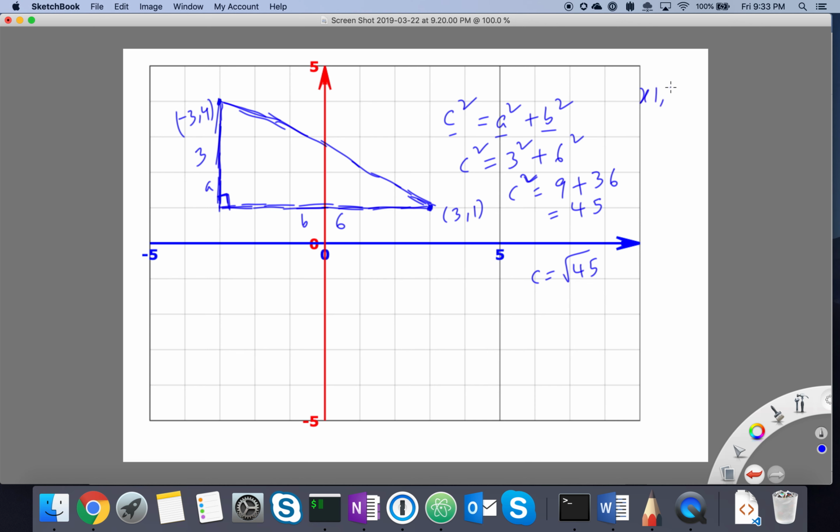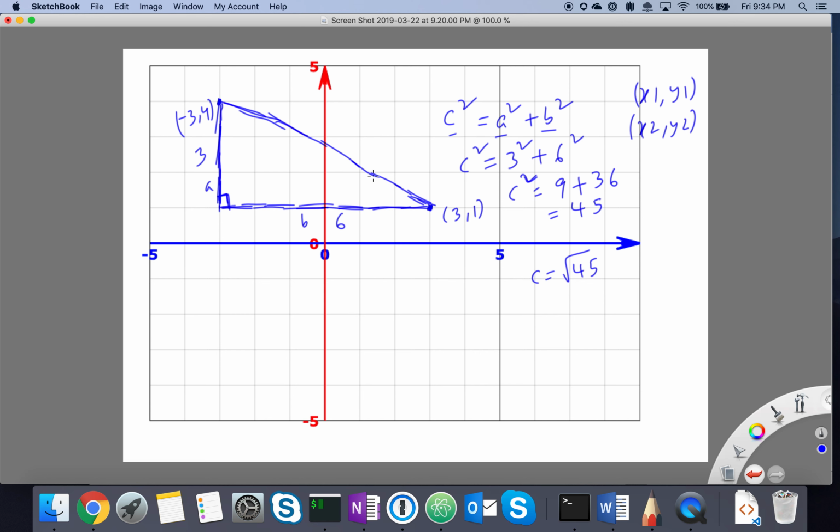Let's try to generalize and then see if we can bring out a formula out of it. That's called the distance formula. Let's find out what exactly is happening here before coming to this x1, y1 and x2, y2.